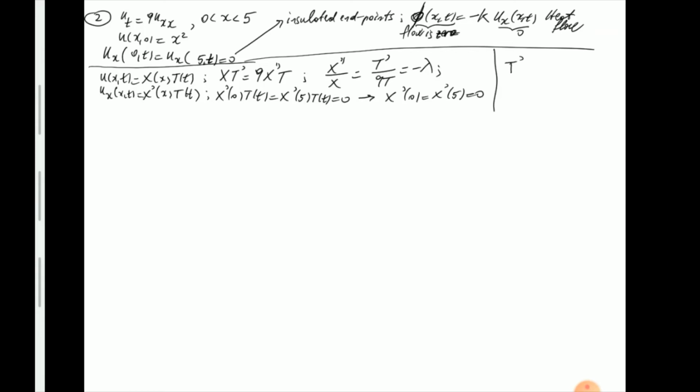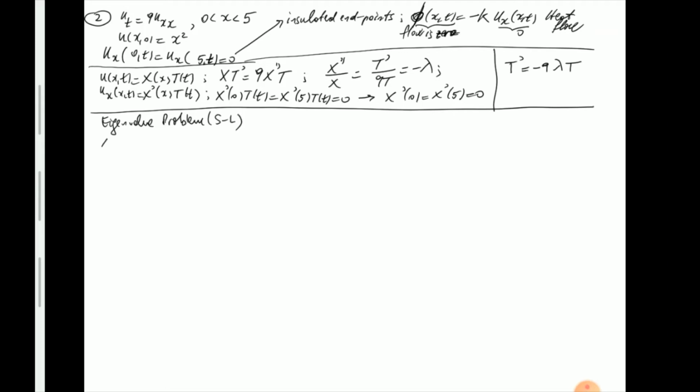So the equation in T is T prime equals minus 9 lambda T. And let's write it on the left side the equation in X, the eigenvalue problem, or the eigenvalue problem, is X double prime plus lambda X equals 0, together with X prime of 0 equals X prime of 5 equals 0.